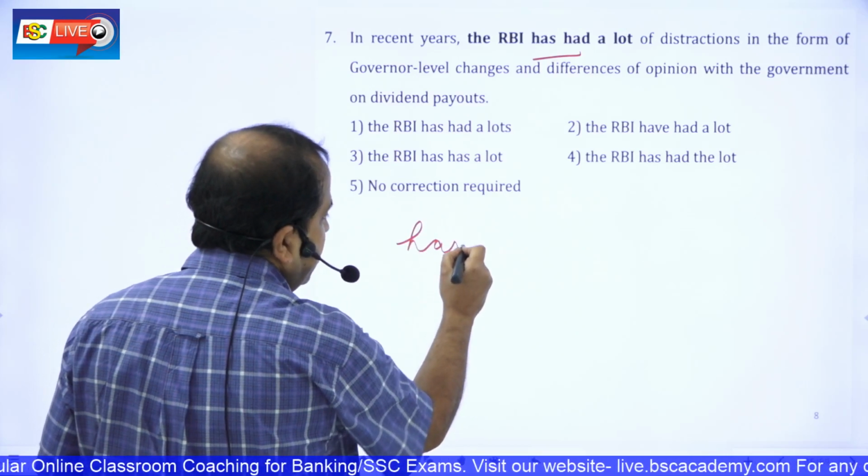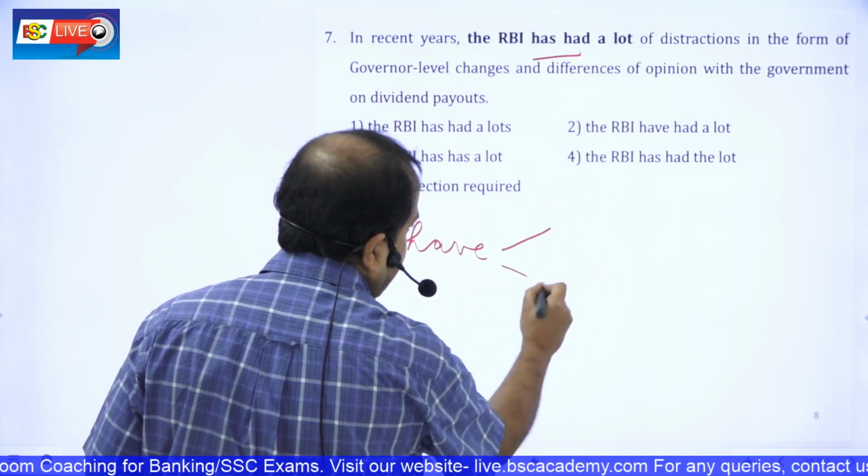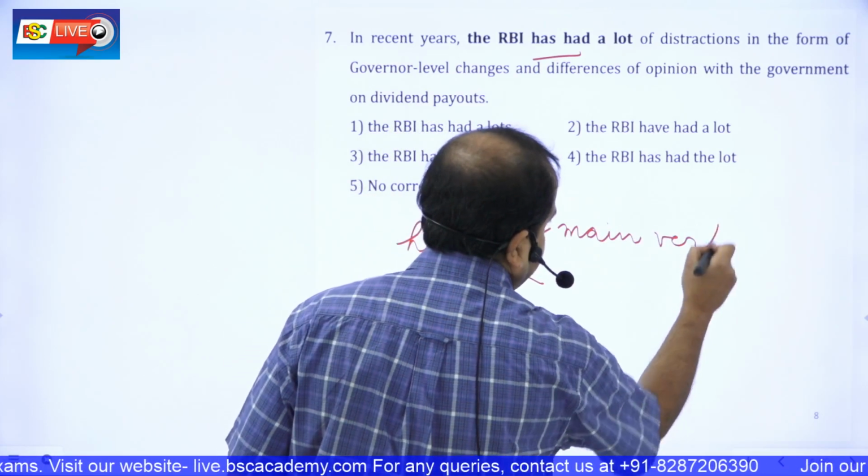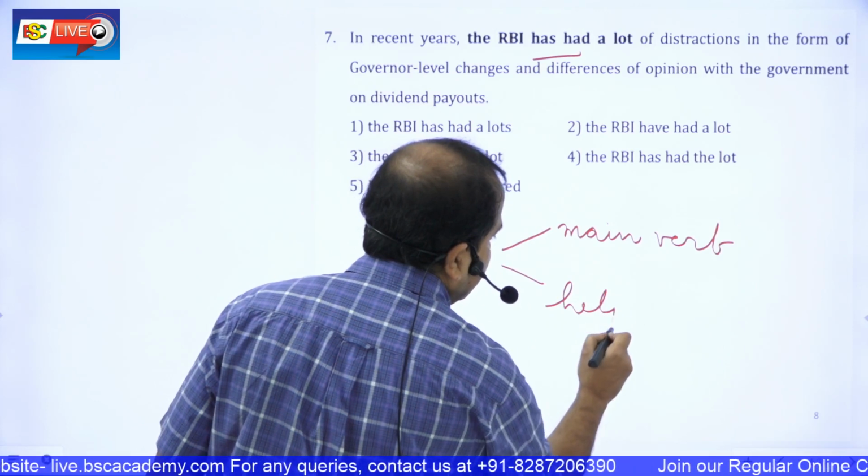have is main verb as well as auxiliary verb or helping verb. अगर आसान लैंग्वेज में कहें तो helping verb.